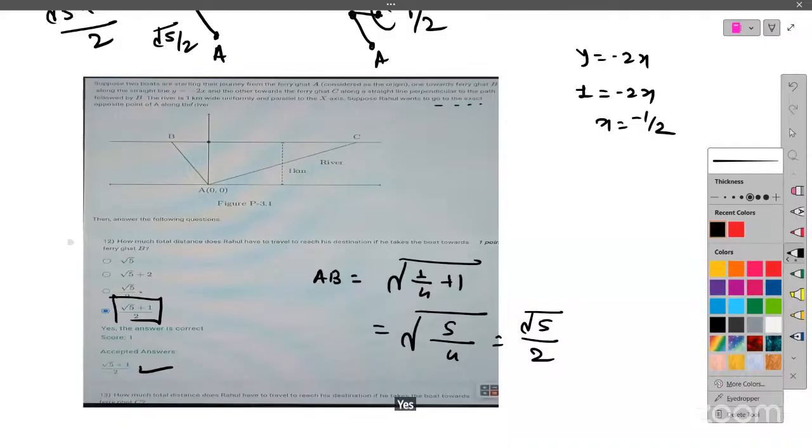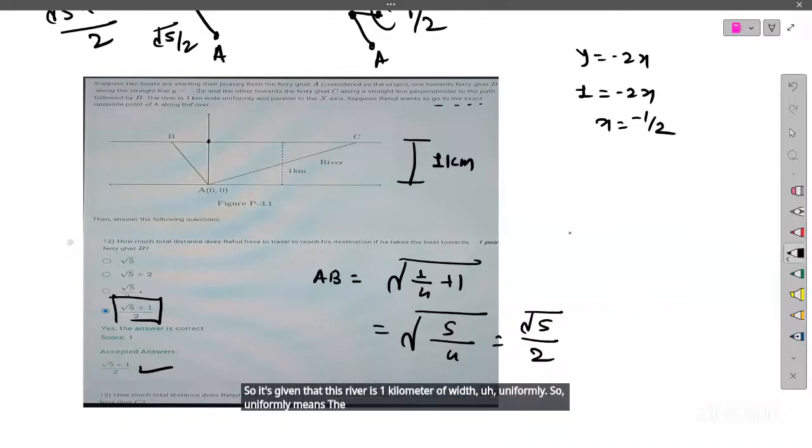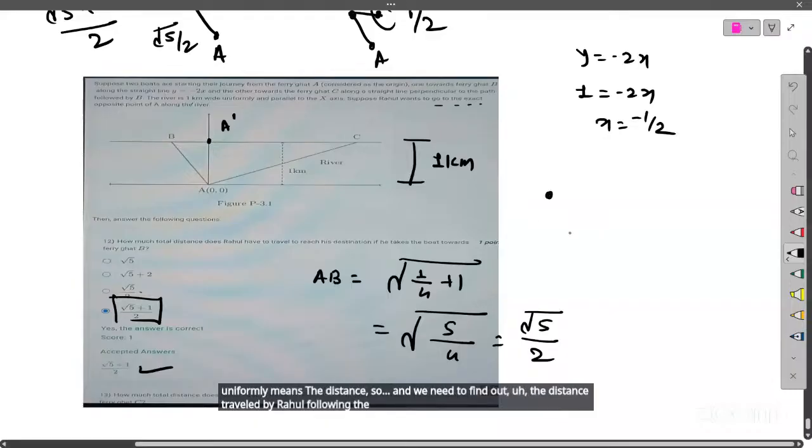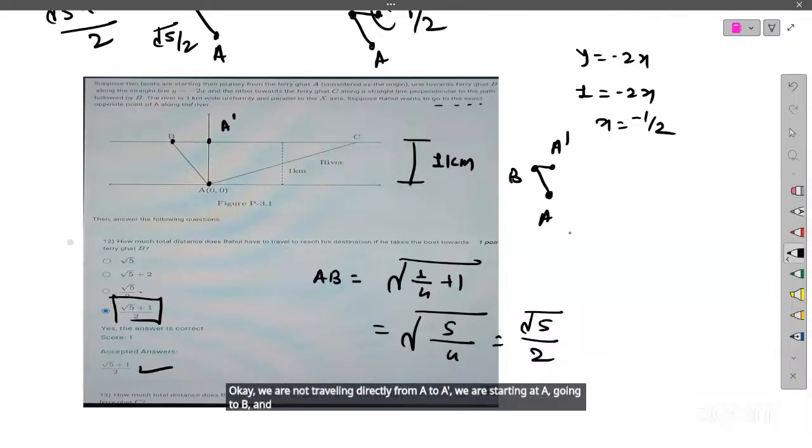It's given that this river is 1 kilometer wide uniformly, and we need to find the distance traveled by Rahul following the path A to B and then B to A prime. We are not traveling directly from A to A prime. We are starting at A, going to B, and then from B to A prime we have to move.